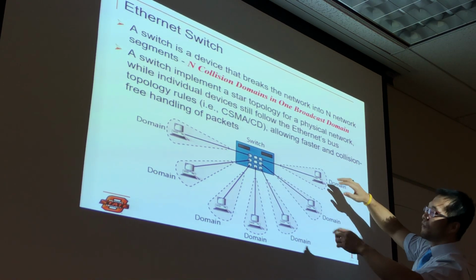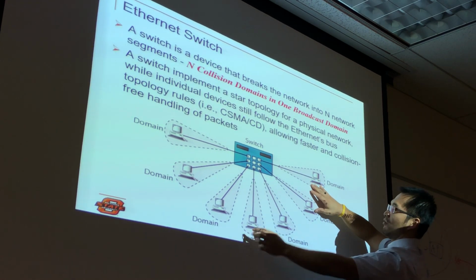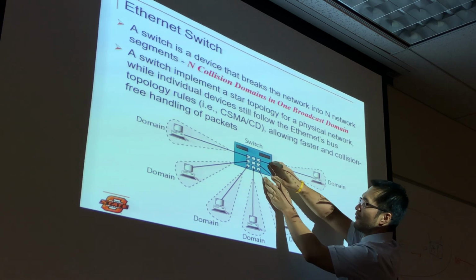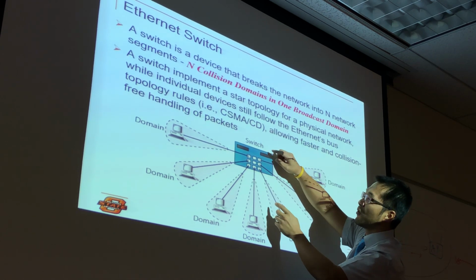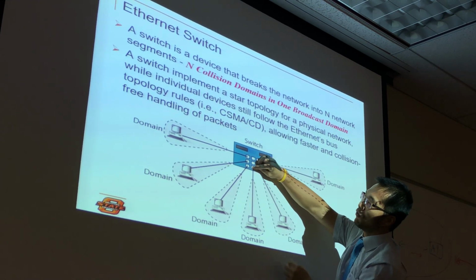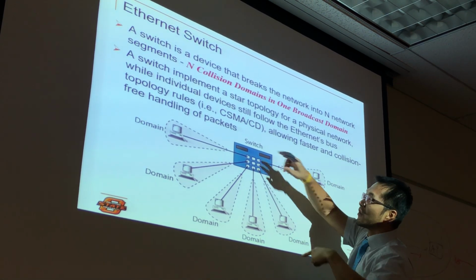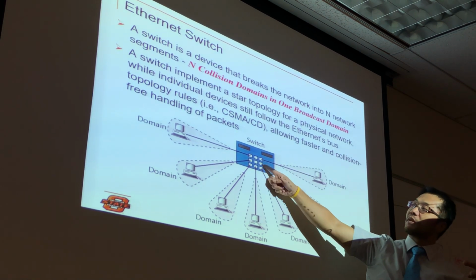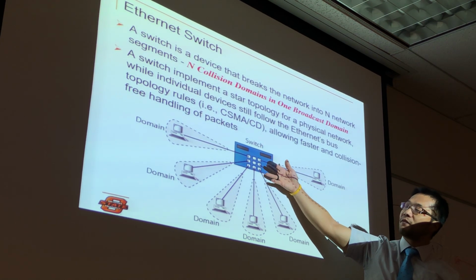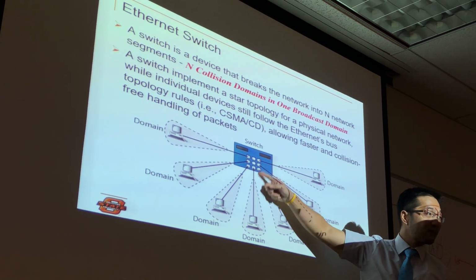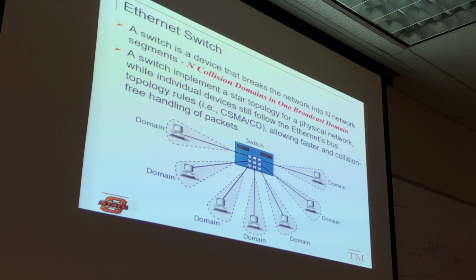For example, if three devices want to transmit something to this device there, and the three devices send the transmission at the same time, there can possibly be a collision because the switch has to put 3 frames into a single port, right? 3 frames, 1 line. But if the switch has enough buffer memory for each port, you can put the three frames into the memory and send them one by one. And if the speed is fast enough, then the switch can avoid the collision, right?